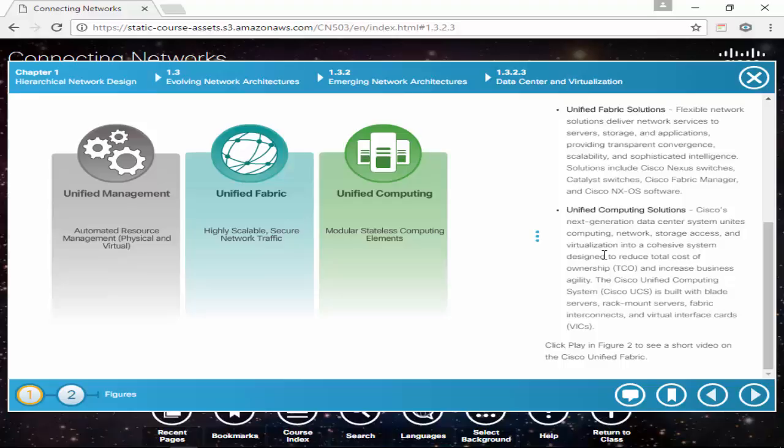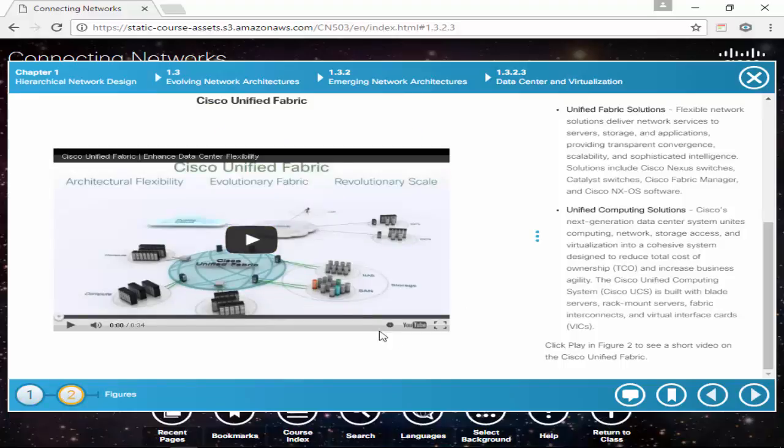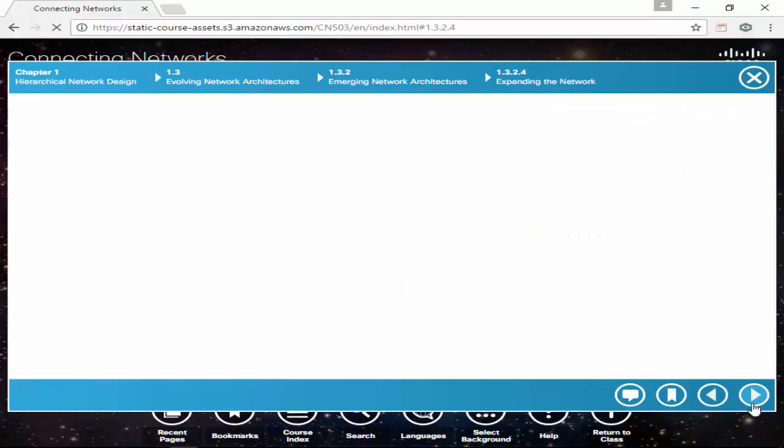Buy as you grow is what they call it, I believe. Anyways, all this stuff's built in. We put it in, and that's what the Cisco UCS is. It's very, very cool. It's also very expensive, but take a look at it.